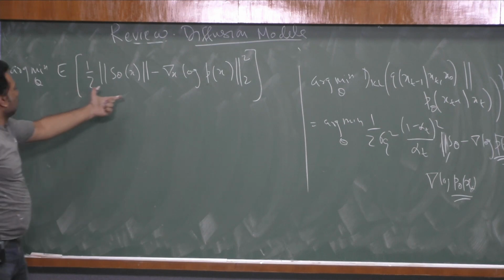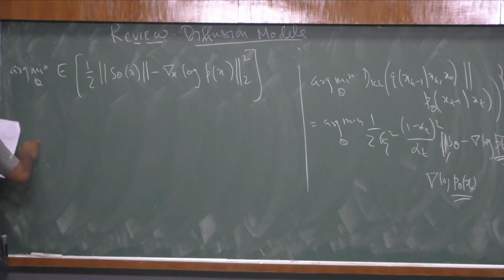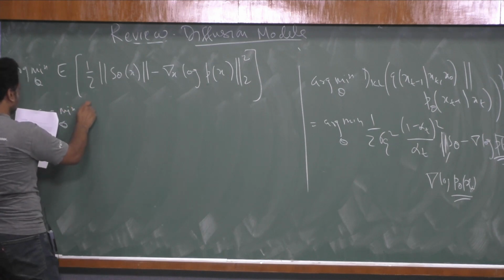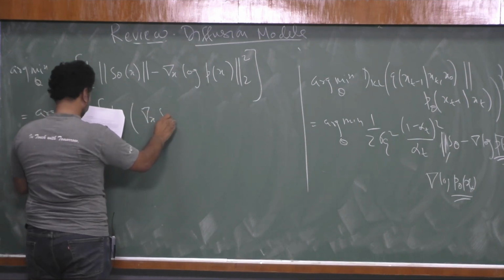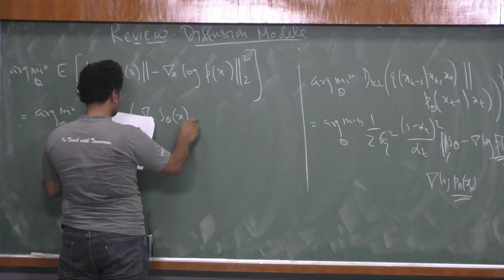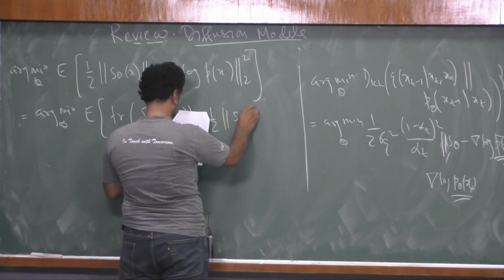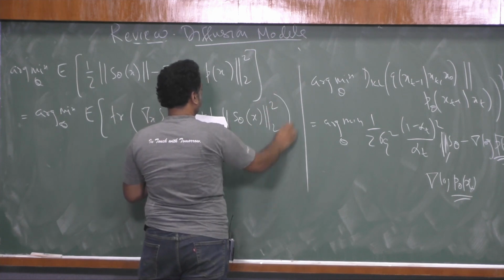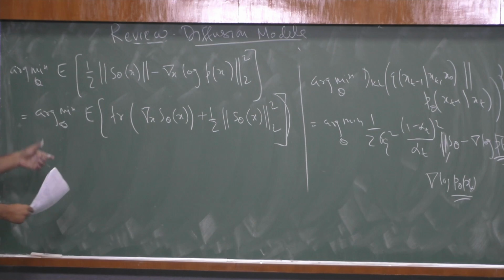So then they changed this argument to something that is tractable, and we proved this in the last class, that this is argmin over the expectation of trace of grad_x s_theta(x) plus half of ||s_theta(x)||^2.